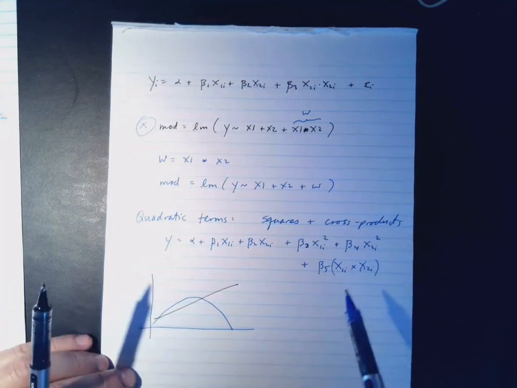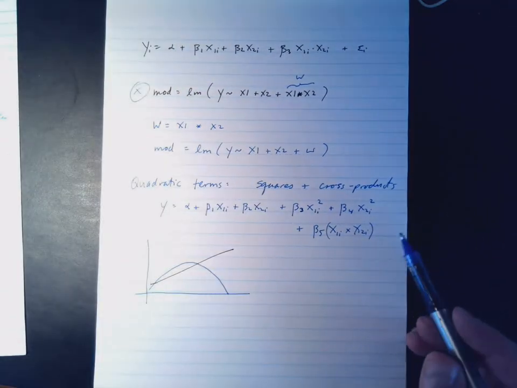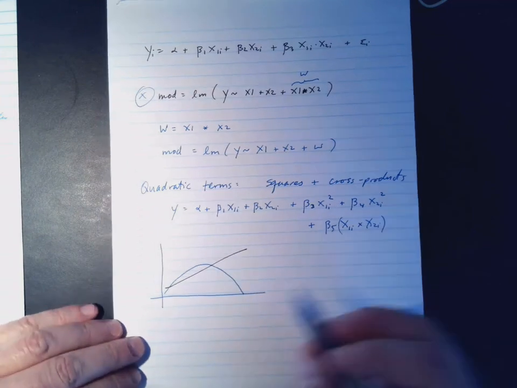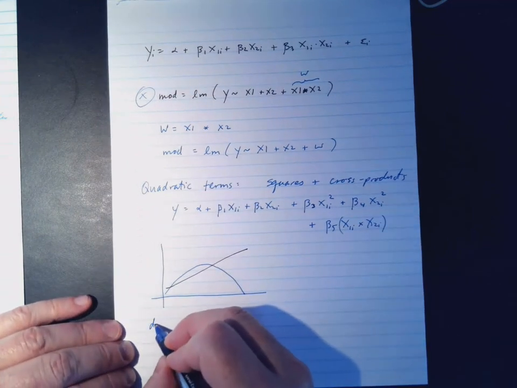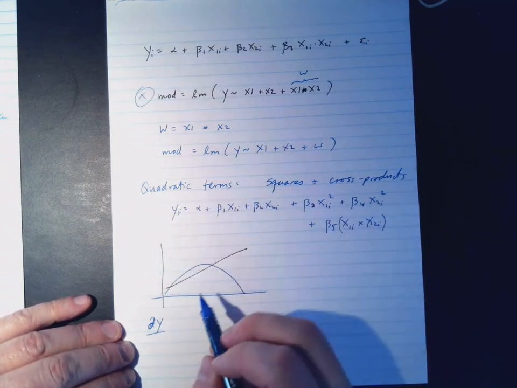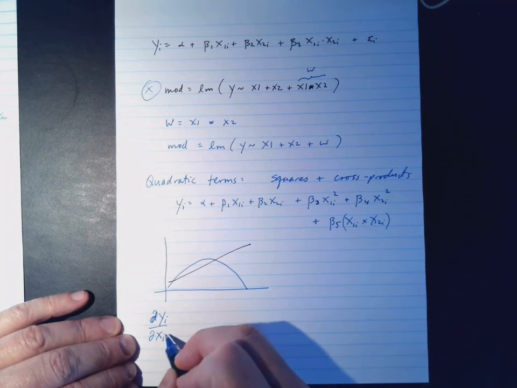And if you want to understand what each of these does, especially what the interaction does, just think about what it would mean if we took the derivative. So if we take the partial derivative, there should be a subscript i on there, the partial derivative with respect to x1.